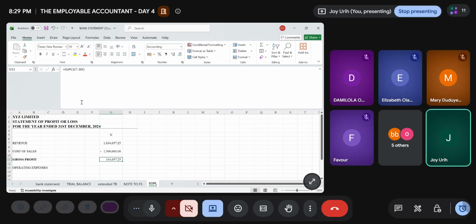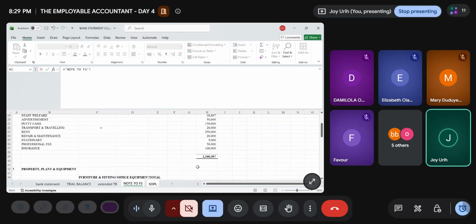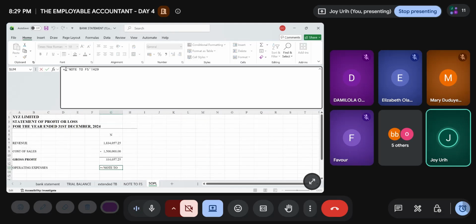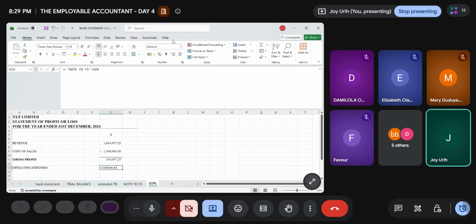Okay, so just a top border. So the next is our operating expenses, which we are going to pick from the note to the account still. Sorry, I'm meant to put minus, so it will bring it as a negative figure, because remember we are lessing our operating expenses from the gross profit.